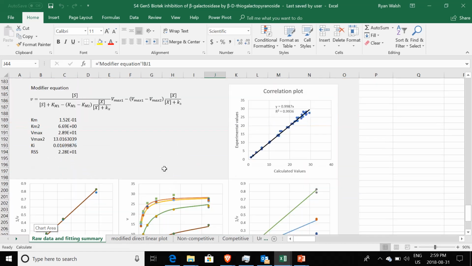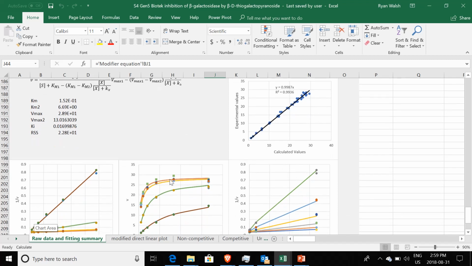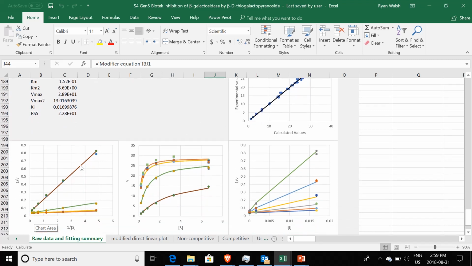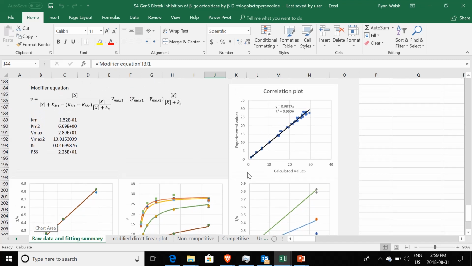And you can see that with the modifier equation, you actually get a little bit of a better fit. You can see with the double reciprocal, it's lining up with all of the points. All the points are going to be connected here in the Dixon as well as in the direct plot here. And the correlation plot looks very good as well.